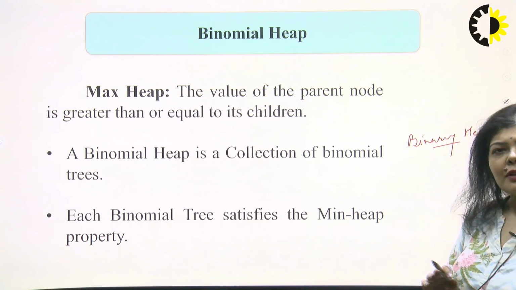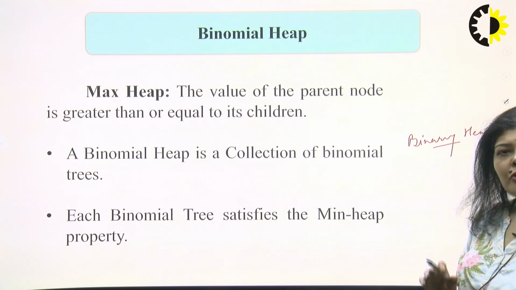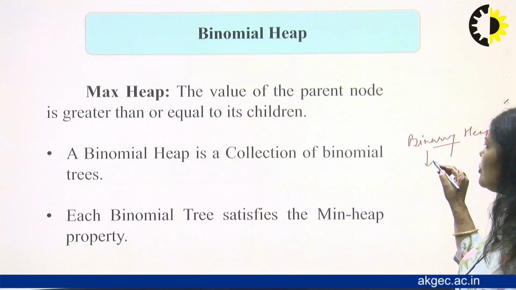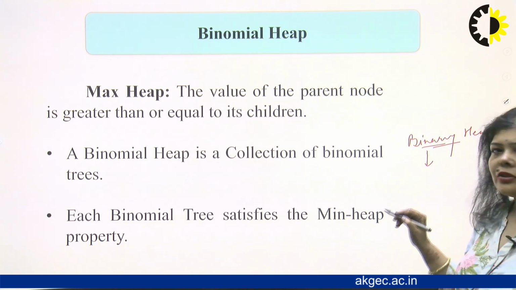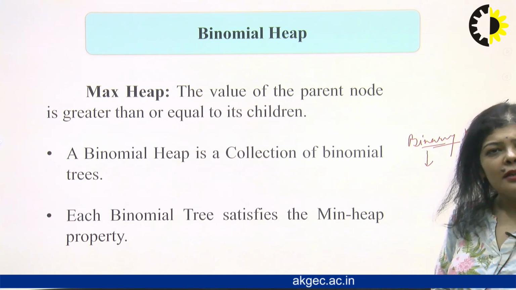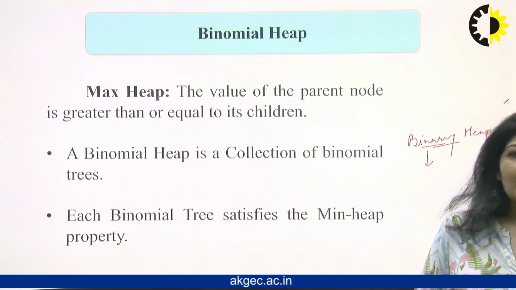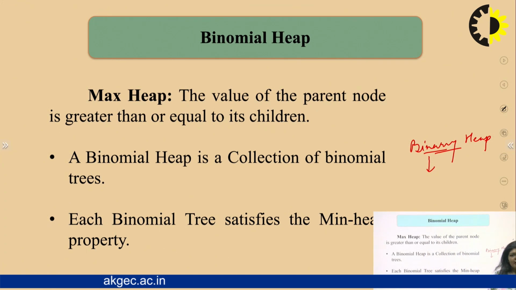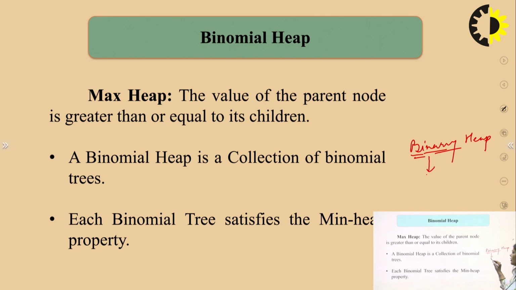The first thing that we need to know about binomial heap is that it is an extension of the binary heap data structure. Since a binary heap can only contain at most two child nodes from a specific node in the tree, we say that it is a binary heap. But in a binomial heap, we can have multiple children emerging out of a specific node.